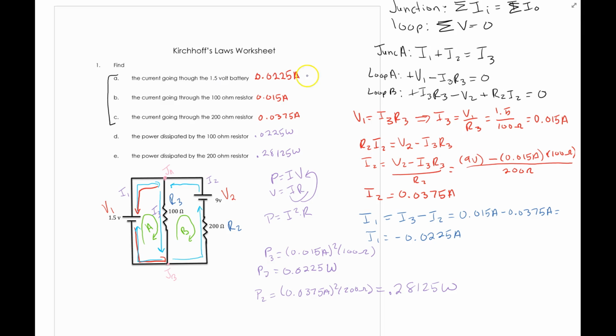So when you do that, you're going to end up getting something that's very, very similar for all of them, because when you change this number for 1 sig fig, it ends up being 0.02 amps. And again, this one, when you change to 1 sig fig, is also 0.02 amps. This one ends up being a little bit different. It's 0.04 amps. And then we have 0.02 watts, and then 0.3 watts. So these are my answers with sig figs.